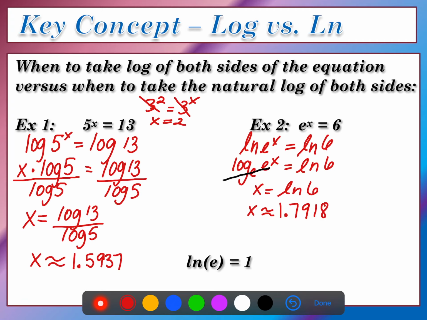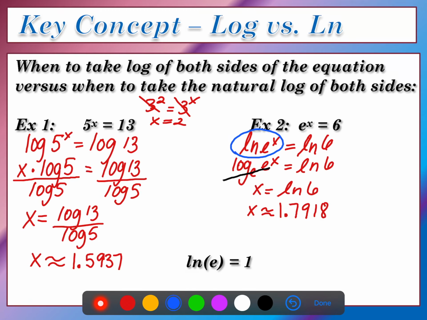So this is the basis of what we're going to do here. Okay, anytime there is a base e in the problem, we're going to use ln. And if not, we're going to use common log. Make sure that you apply these on both sides of the equation, and then we're going to use our properties. Okay, so technically over here with the ln, I just want to make a note of this.